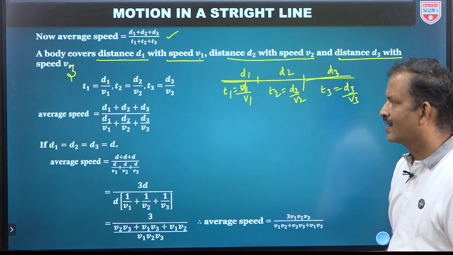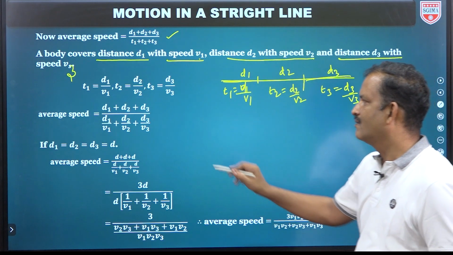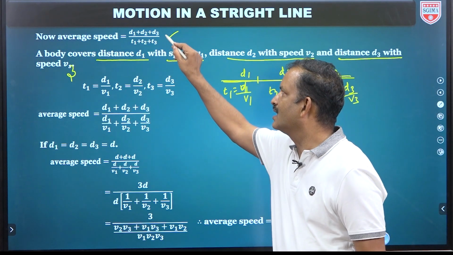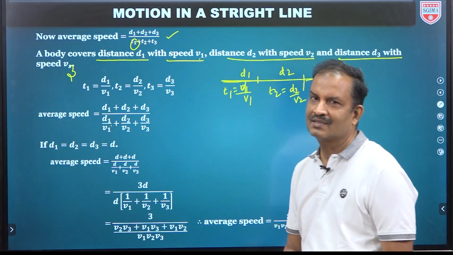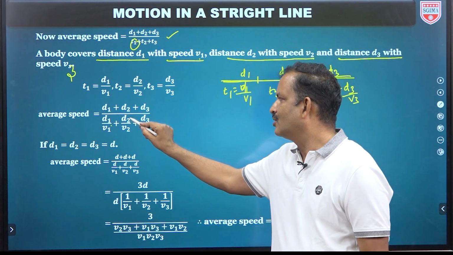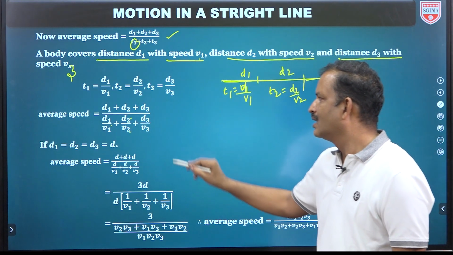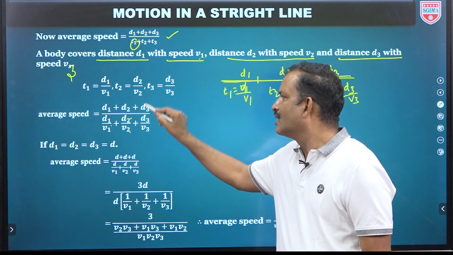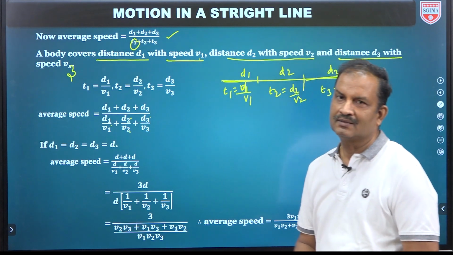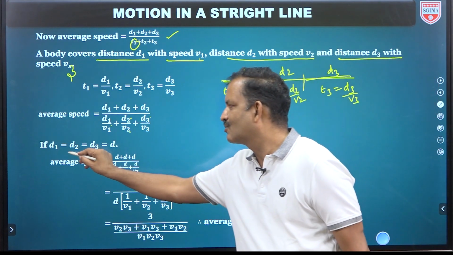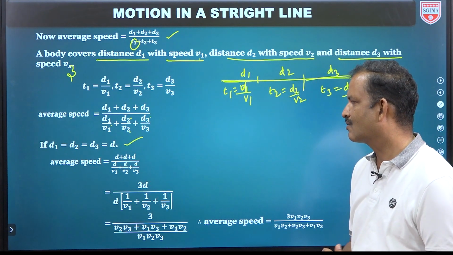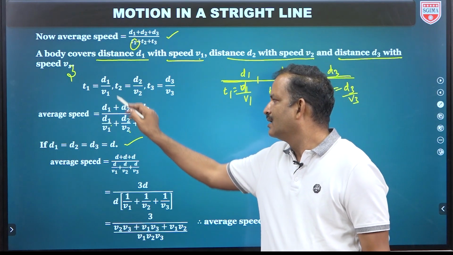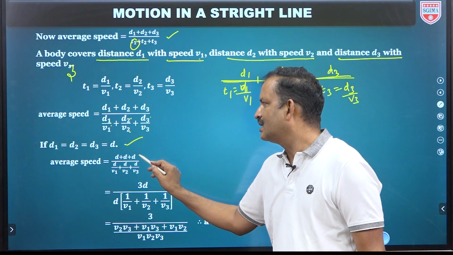So the average speed is d1 plus d2 plus d3 by t1 plus t2 plus t3, that is d1 by v1, d2 by v2, d3 by v3. If d1 is equal to d2 is equal to d3 is equal to d, all are equal, then d1 is d, d2 is d, d3 is d.